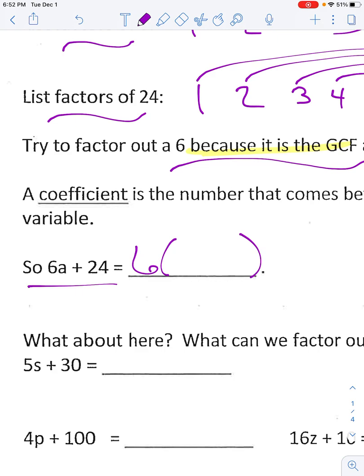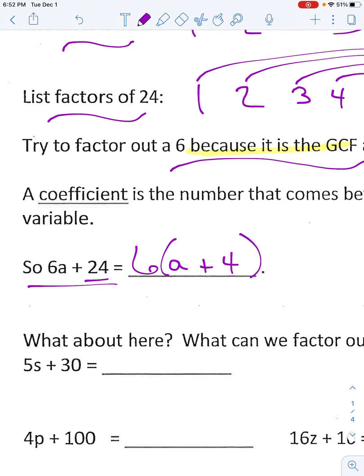And if I do 6a divided by 6, I get 1a. If I do 24 divided by 6, I get 4. Okay? What I want us to do every single time we factor is do the problem again and distribute to make sure our signs are correct.